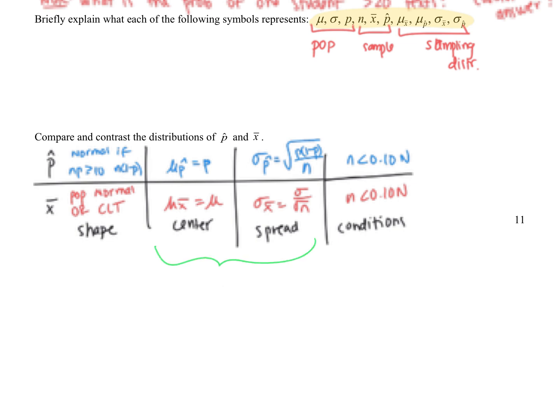Center and spread are on the formula sheet. So you just need to be able to find them. They're on the back side. They both have the 10% rule. So really, the biggest thing you need to know is how to find the shape. Like I said, proportion is straightforward. You just check the two conditions every single time. Mean is the one that's a little bit harder because sometimes the population is normal, or you might have to use the central limit theorem.